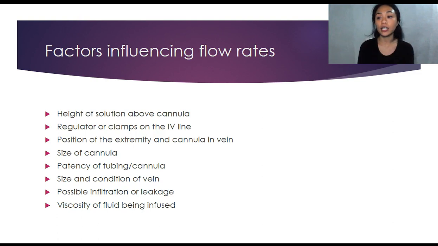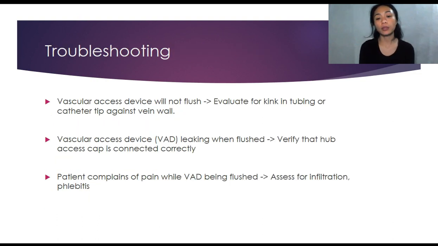If the cannula has tissued or is leaking, and also how viscous the fluid being administered is. So if you're not sure why your infusion isn't running well, look for any kinks in the tubing. Maybe the cannula is sitting against the vein wall, and that's why your fluid isn't flowing through very well.